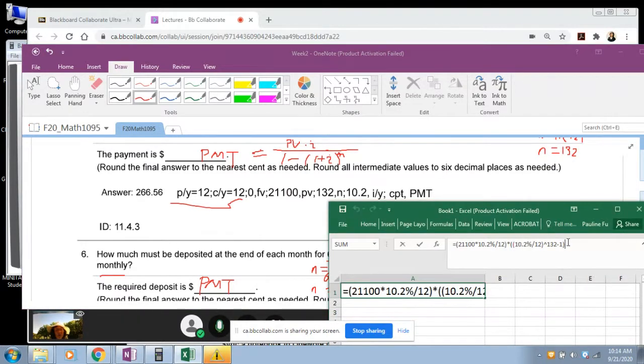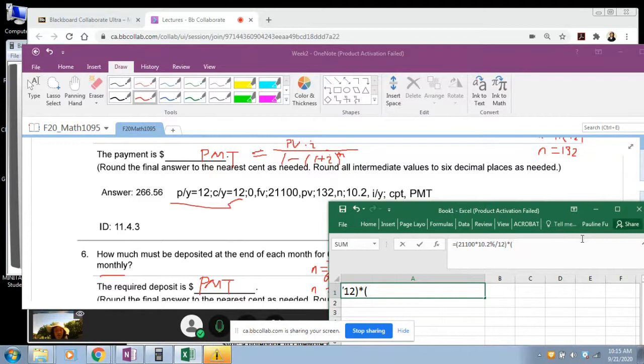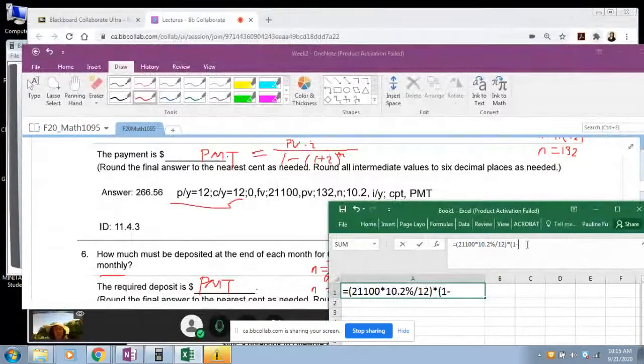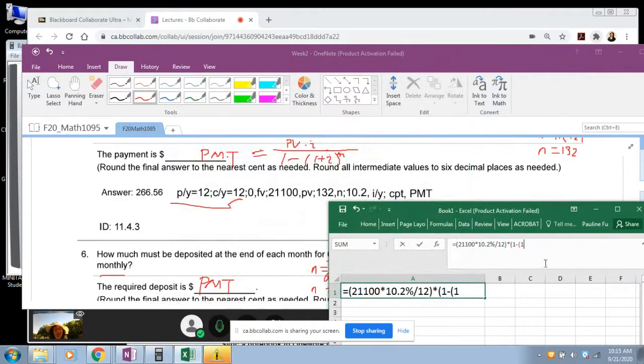So I'm going to modify this formula. On the top it is correct. On the bottom it is 1 minus bracket, bracket 1 plus I. What is I?